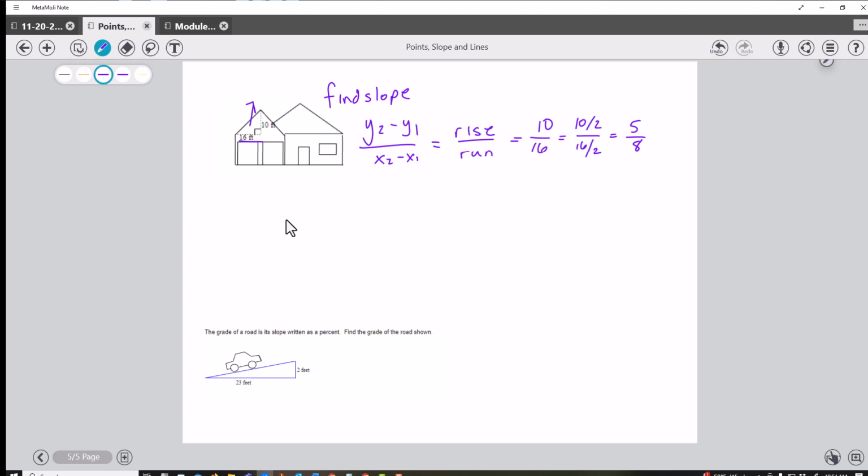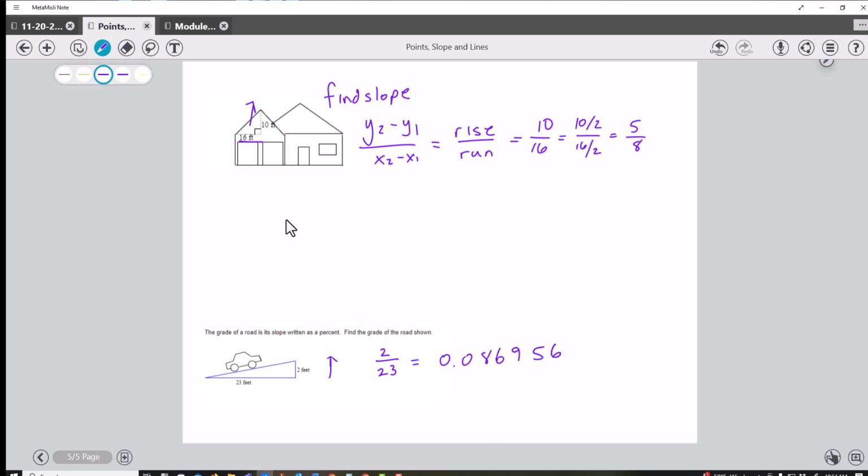This one here, the grade of a road is its slope as a percentage. Find the grade of the road shown. Once again, we have a rise over a run. And if you throw this into a calculator that I cannot seem to find right now, 2 divided by 23, I get 0.08696, blah, blah, blah.